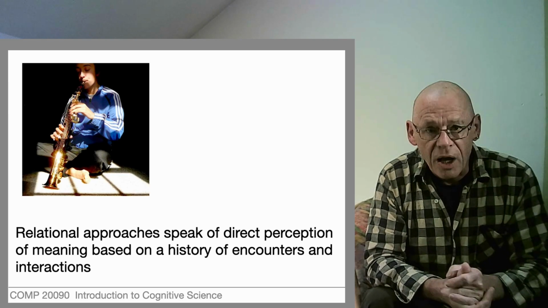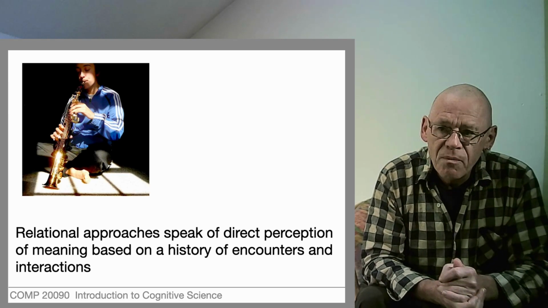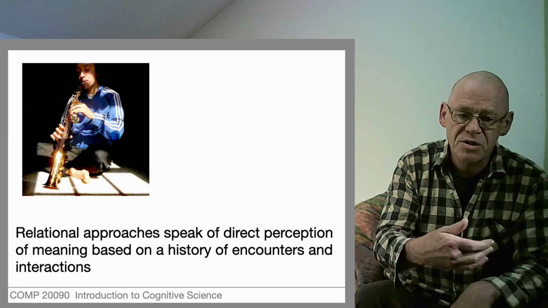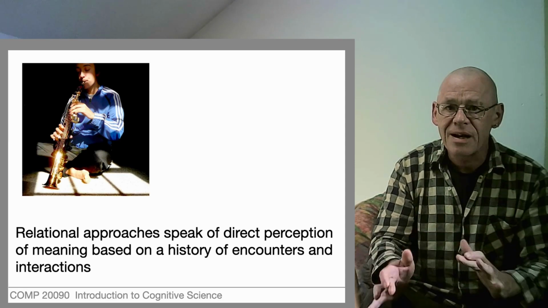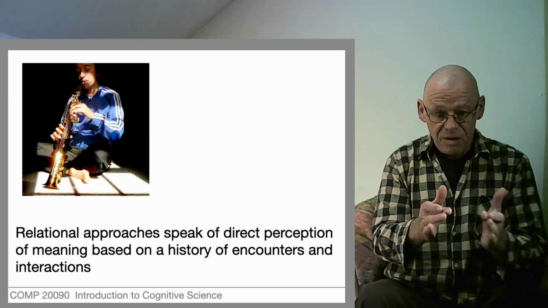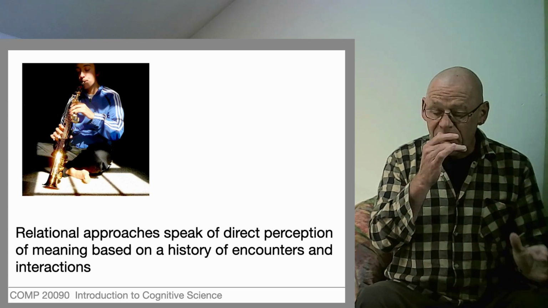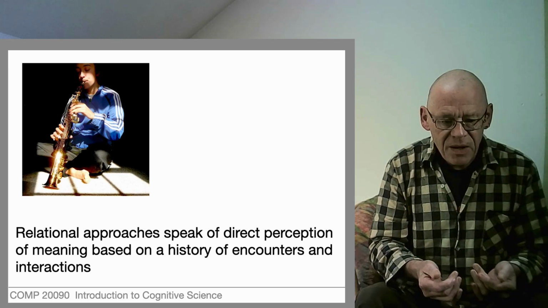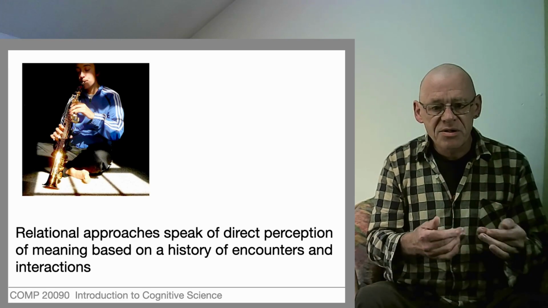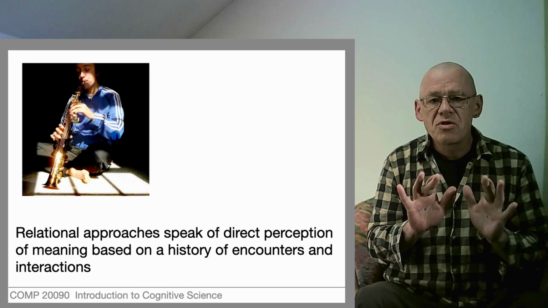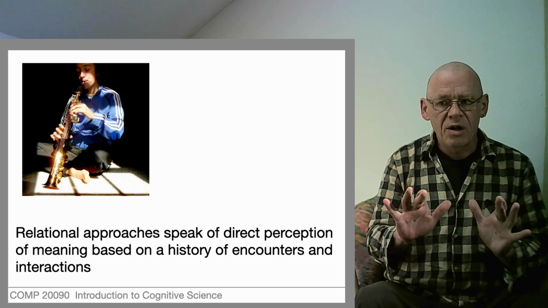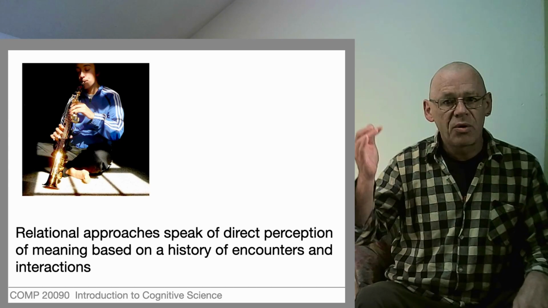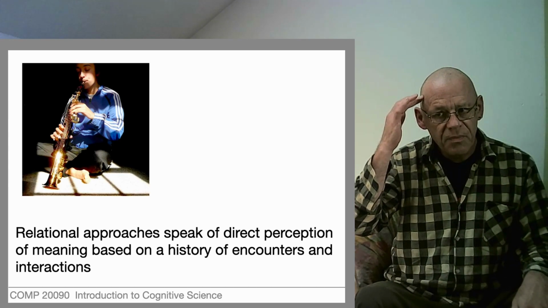But whatever's going on between this person and the saxophone is the result of a prior history of meaningful encounters in which the person and the saxophone fine-tune their relation. So that when this person meets the saxophone, there's a lot of history there. It's a history of encounters and interactions. So there's no sense in which what goes on comes out because knowledge of how to play the saxophone is stored in the brain.